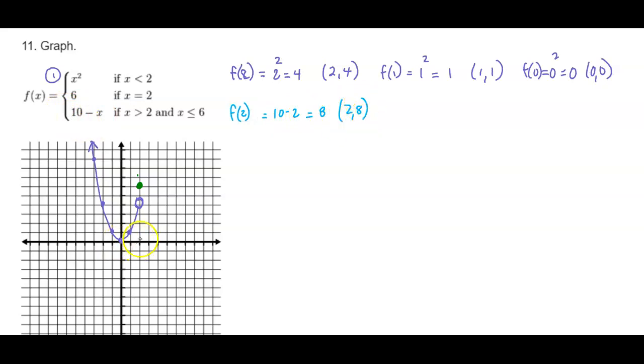So I'm going to go over 2, up 8. That one should be open because there's no equal to right there. I'm also going to find f of 6 because I want the other side of my segment. So that's going to be 10 minus 6, which is 4. So I have another point at (6, 4). So I'm going to go over 6, so 1, 2, 3, 4, 5, 6, up 4 puts me here.